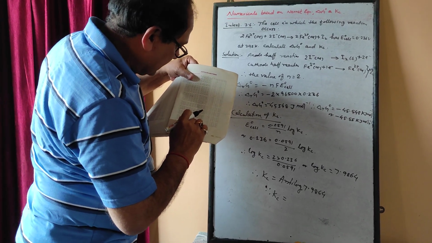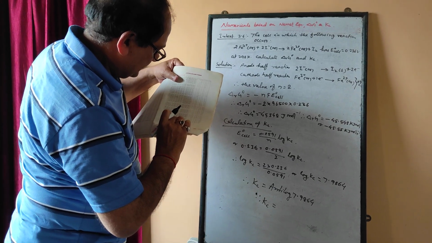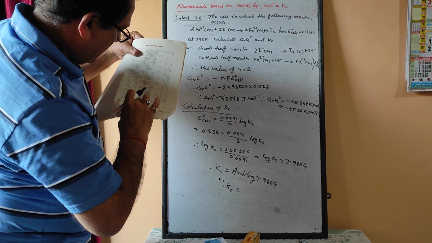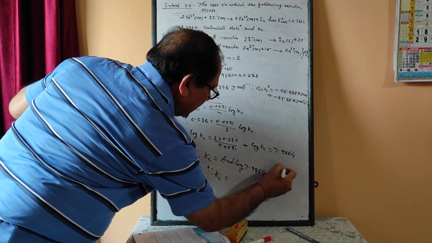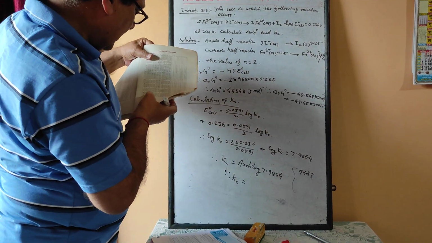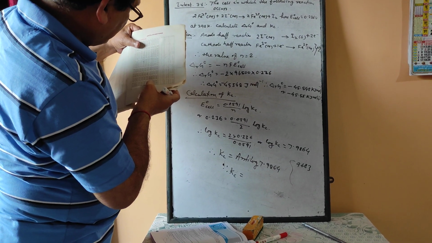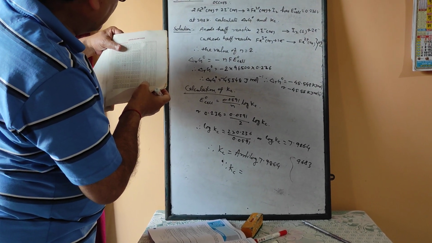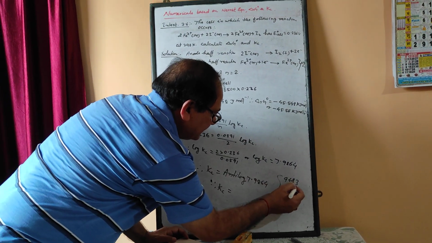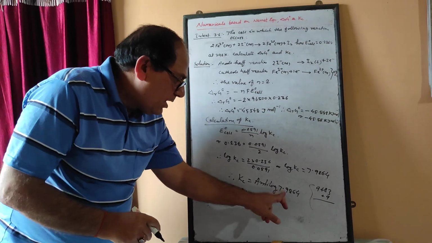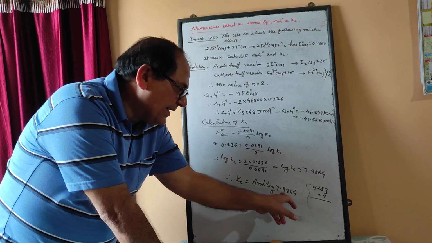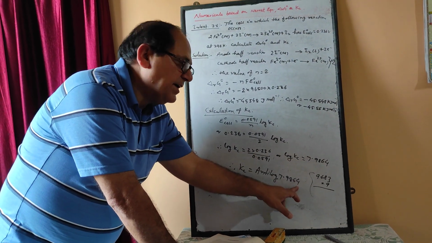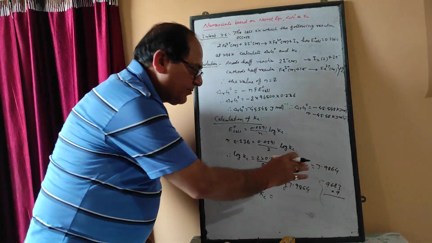The value is 9683, and the mean difference is 4. The mean difference is 4, and that value is 9. You have to add it.